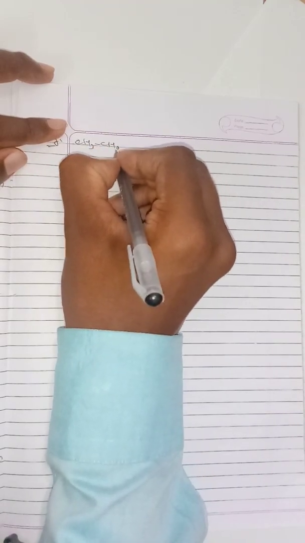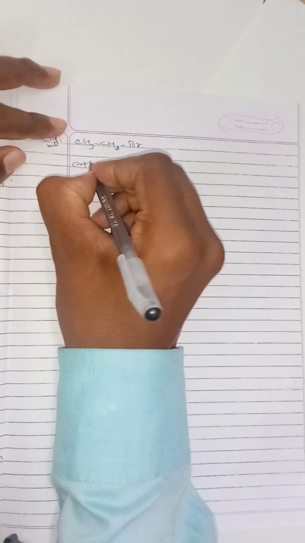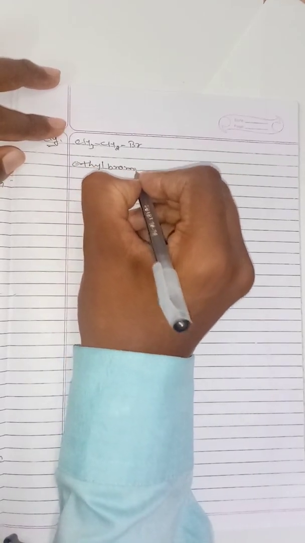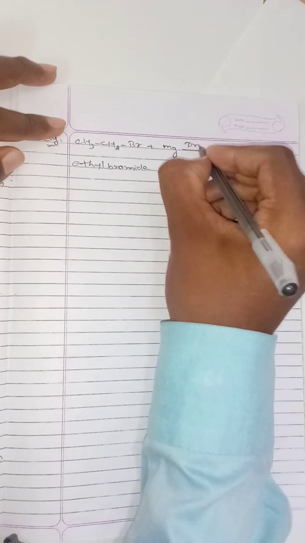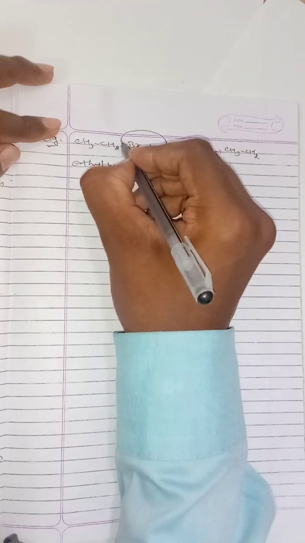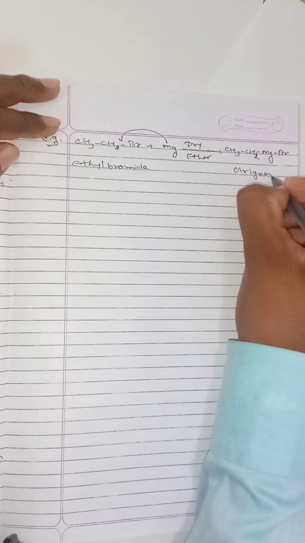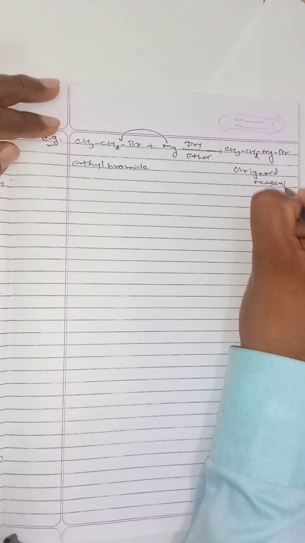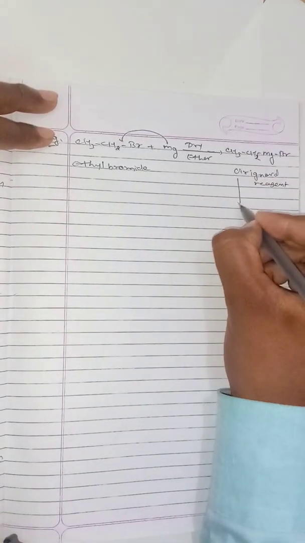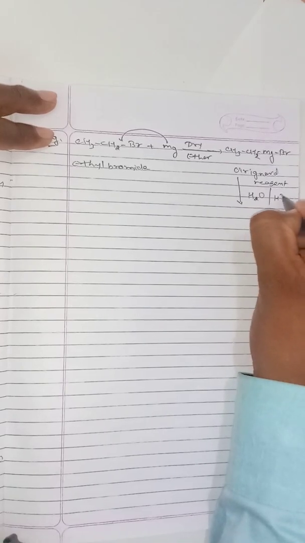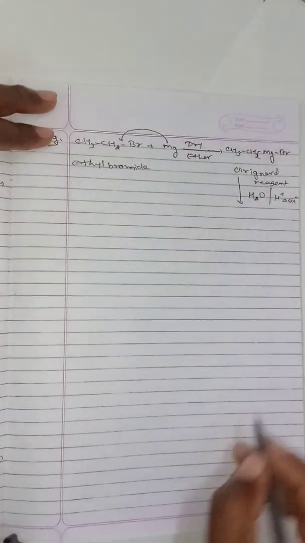CH3CH2Br, it is called ethyl bromide, on reaction with magnesium metal in presence of dry ether, we get CH3CH2MgBr, the Grignard reagent, which further reacts with water molecule, here H plus and OH minus.